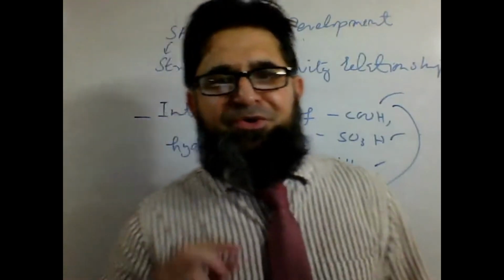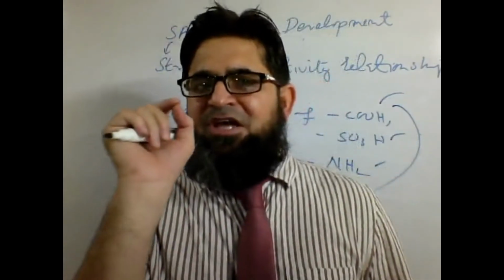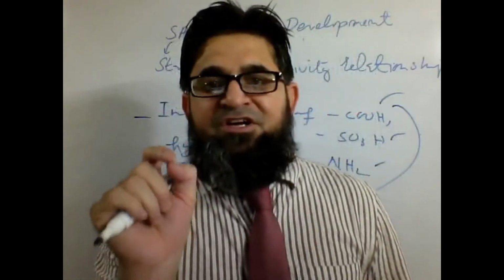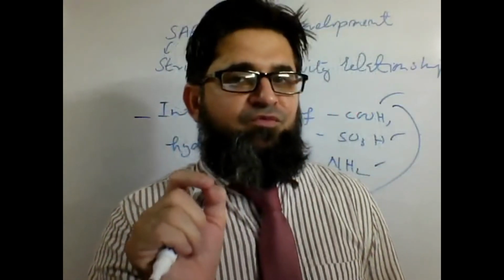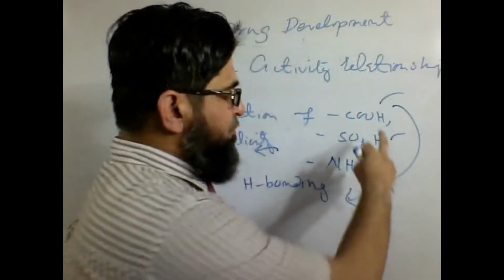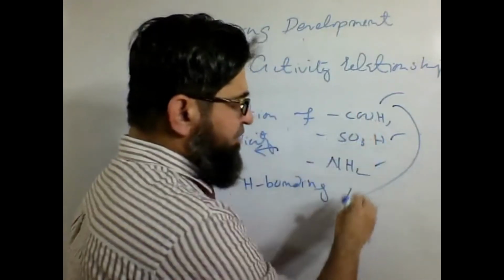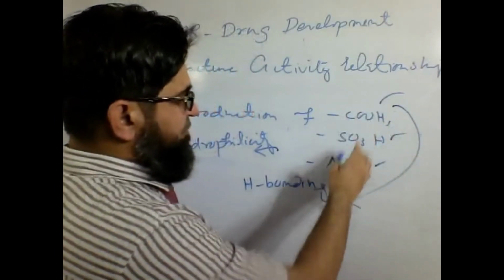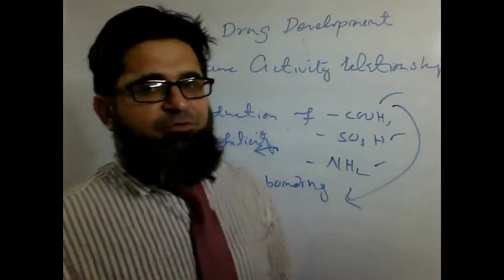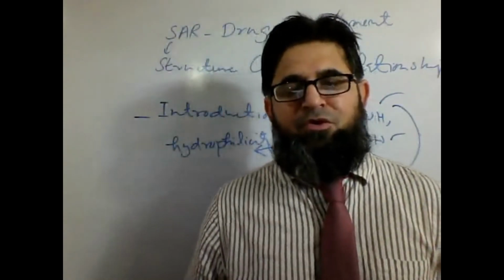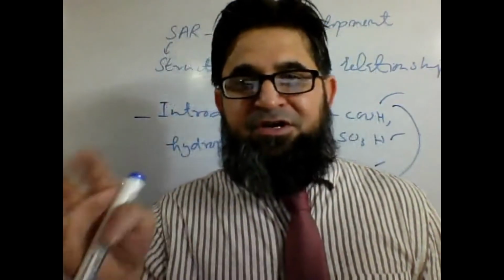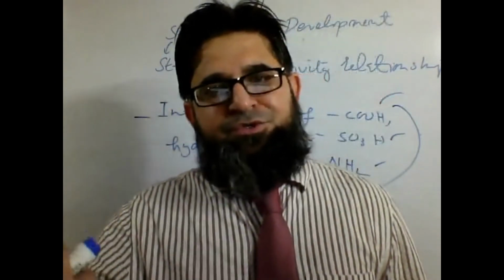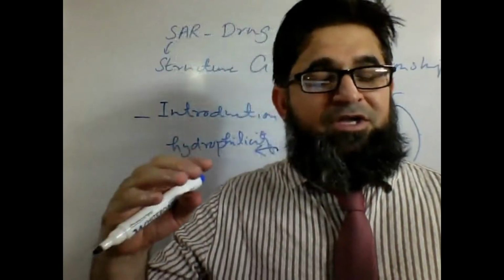If we want to introduce a group which has the ability to develop hydrogen bonding with the target molecules, we need to have some groups in the lead molecule, in the drug, which can develop hydrogen bonding. So these molecules develop hydrogen bonding when they interact with the targets, when they come closer to a biological molecule, or to some active cavities of the enzymes.